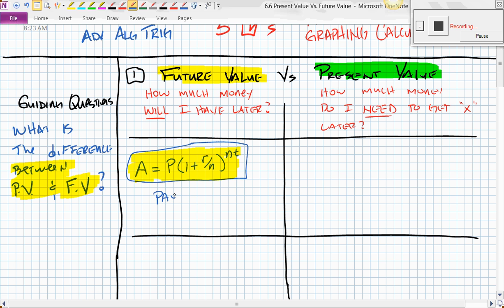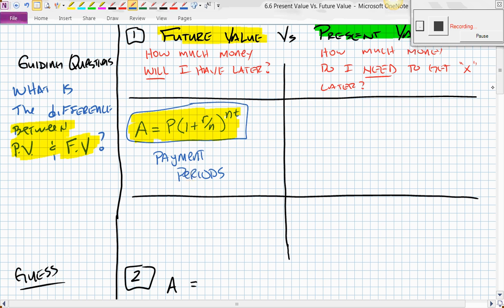When we have payment periods, we use that one. And then there was another one that we used when our payment periods were sort of continuous. And what was that formula? You got it. PERT. P e to the RT, right? And this is compounded continuously.